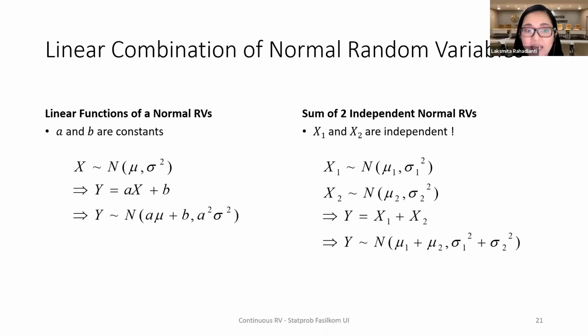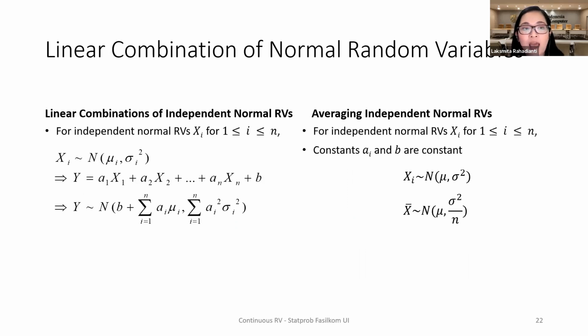And thus I can then compute the parameters of Y. See, it's still the same. It's still a normal distribution, but we have updated parameters here. So on the left-hand side is a linear function. On the right-hand side, it is a summation of two independent normal RVs.